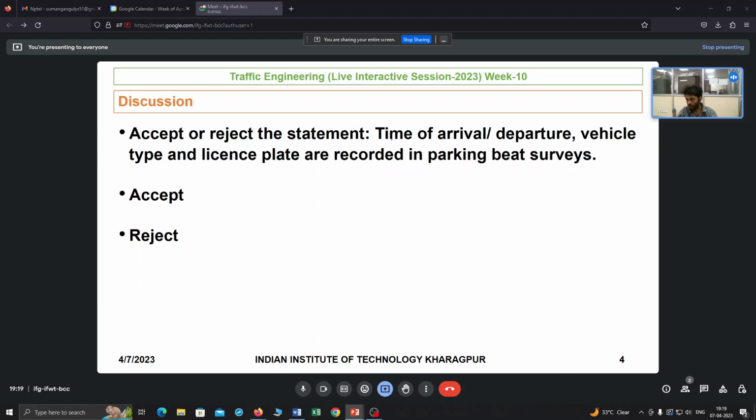Actually, to know this time of arrival and departure, you should have a continuously monitored system.